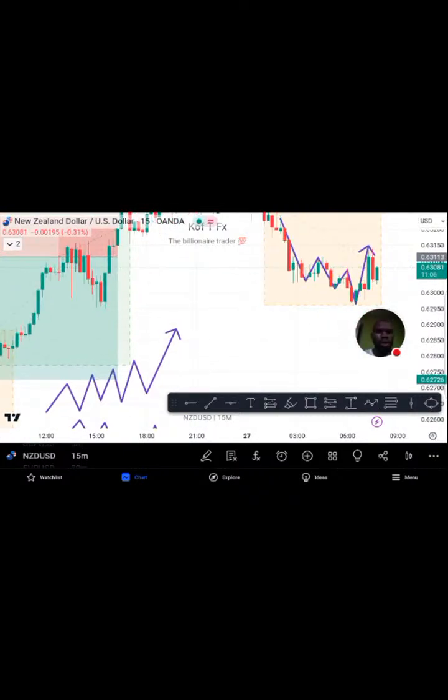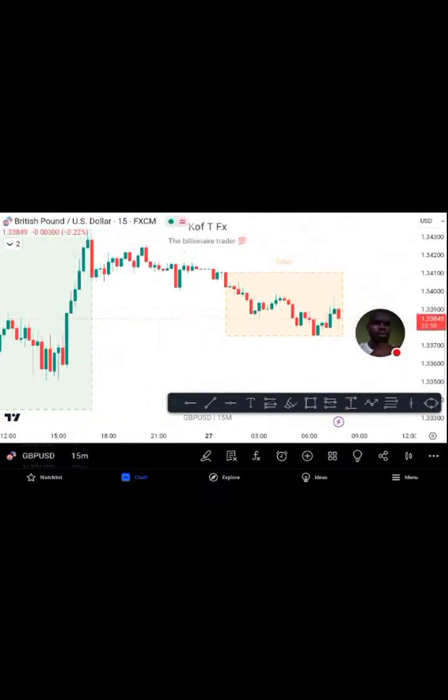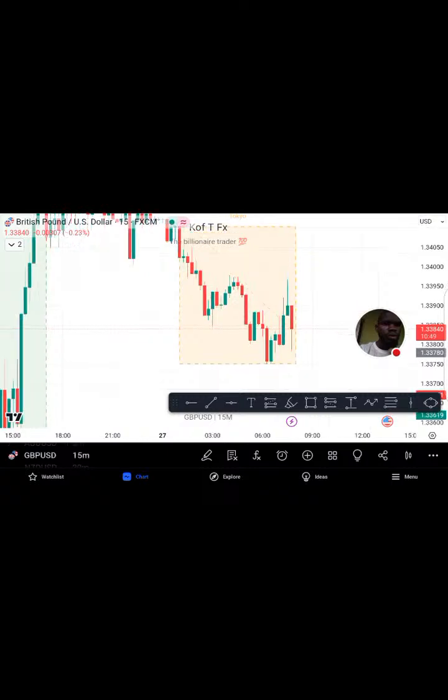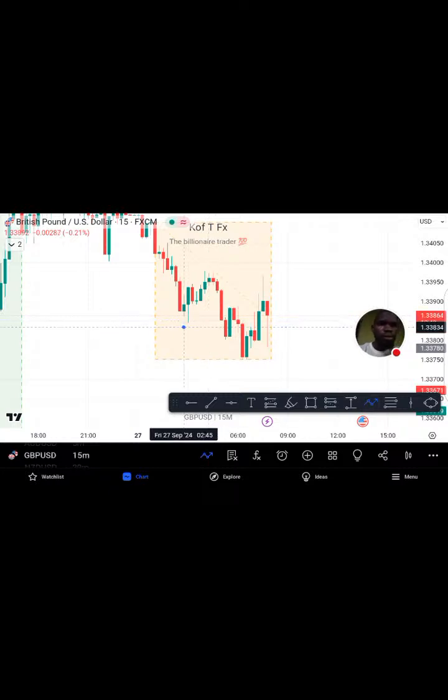So this is showing that we don't have a trading opportunity on this pair. So let's check other currency pairs to see if we are going to have a trading opportunity. Okay, this is GBPUSD. Right now we have this break of structure.